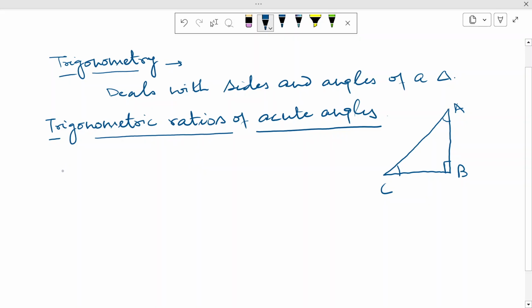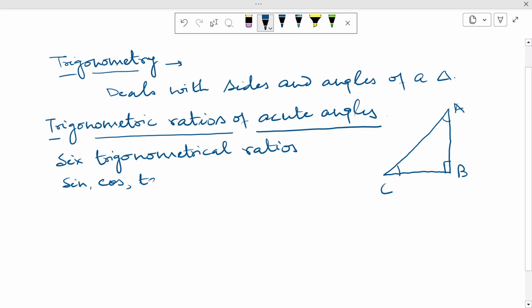In general we have 6 trigonometrical ratios, and these ratios are sine, cos, tan, cot, sec, and cosec. So, we have these 6 trigonometrical ratios.